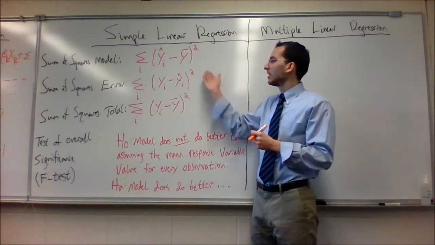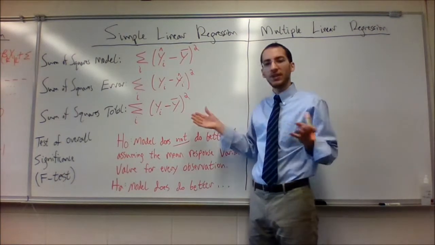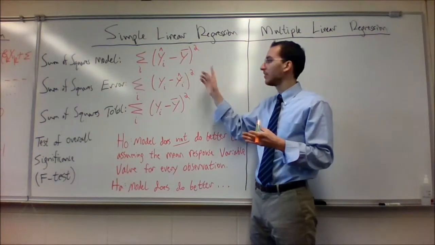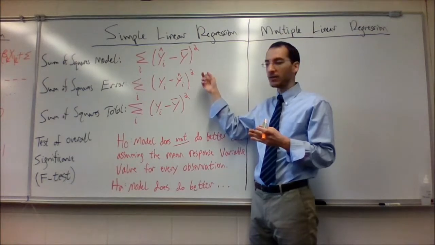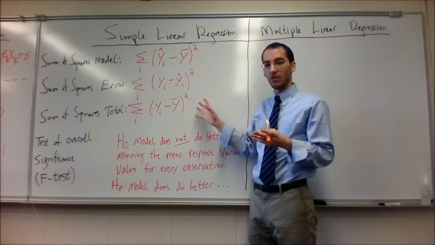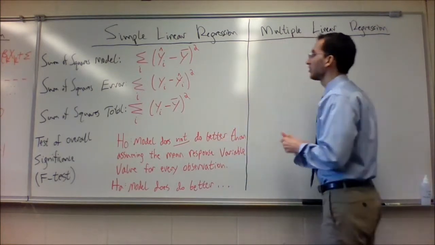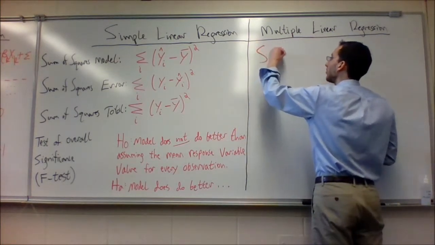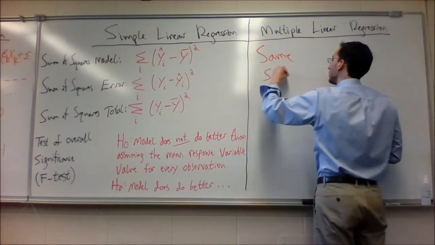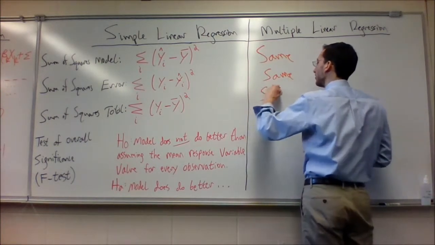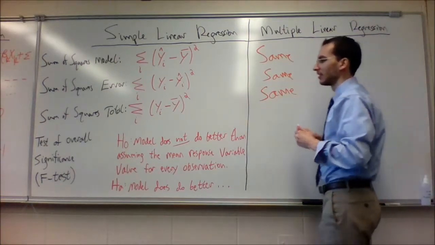But in terms of how we calculate how much variation is in the model, how much variation is put into the error, and how much variation there is total, the calculation is exactly the same in multiple linear regression. So there's nothing new. I know, all my words for a big payoff of nothing. I'm just writing the word same three times.